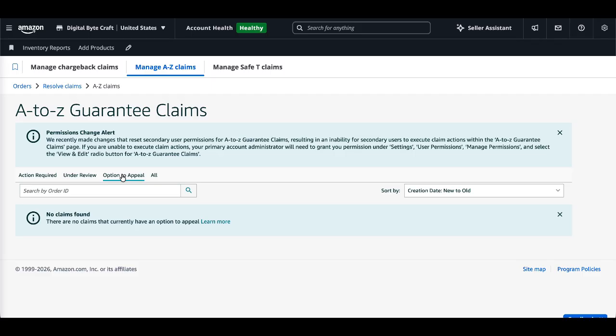Try to defend that we have shipped, try to say that we are in the right, but on the other hand, try to refund the customer as early as possible so that your appeal is upheld and Amazon takes away the defect. Once your A to Z claim is under review, always try to refund the customer and get it sorted. For those that are action required, Amazon is definitely requiring some information from you, so go and provide that.